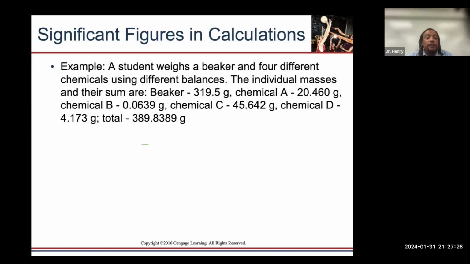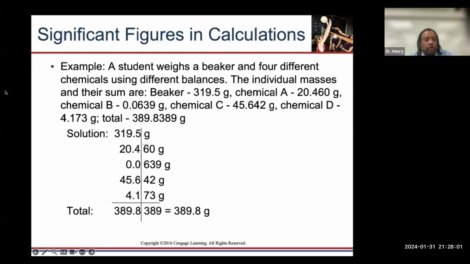And the total added all together is going to be 389.8389 grams. Okay, so what we're going to do is we're going to line it up since this is addition.